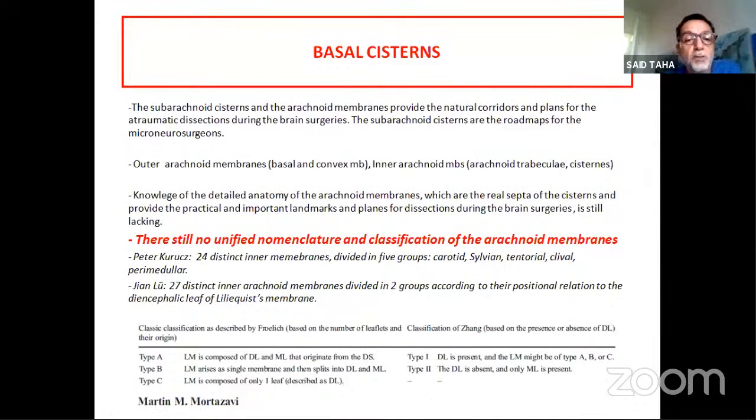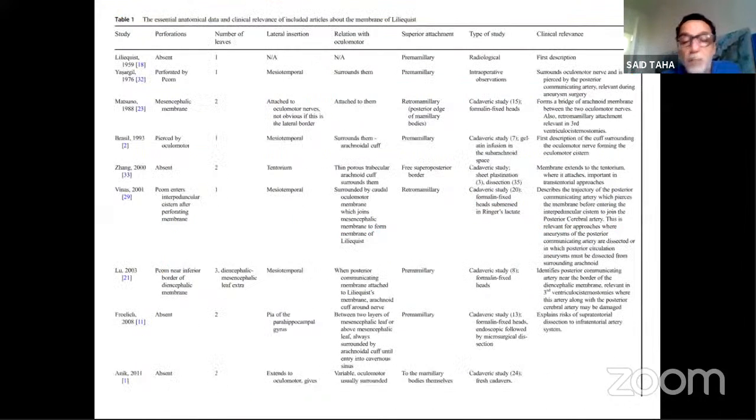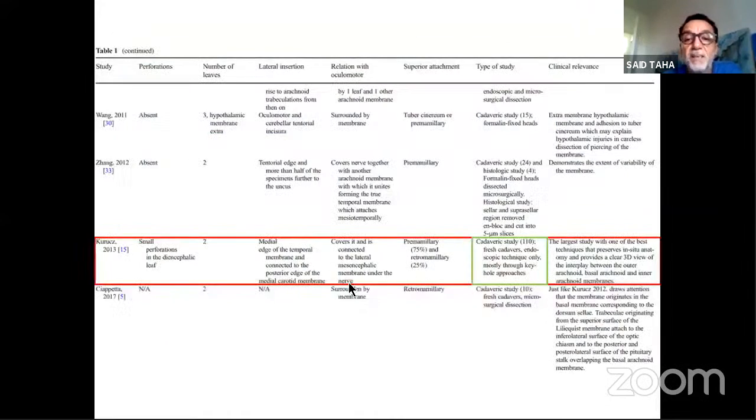But for the resident, the best paper is the paper of Peter Kahoot, who described this arachnoidal membrane because he did this in fresh cadaver, and with the endoscopic technique, with the keyhole approaches. This is a very interesting paper.